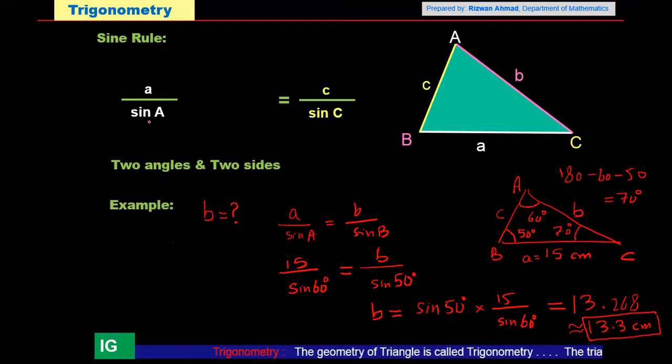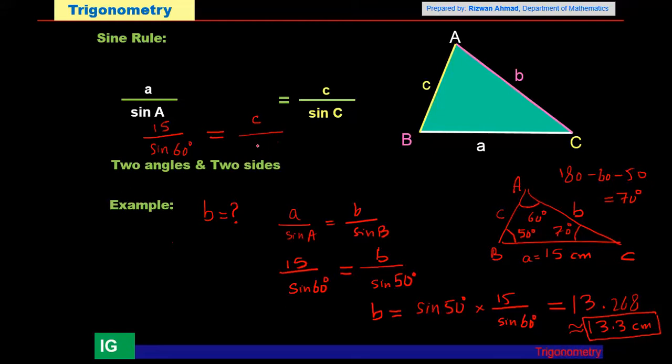So a over sine A. So a is 15 divided by sine of the angle A, which is 60 degrees, and that is equal to c, which we are to find, divided by sine of the angle C, which we just found is 70 degrees. So from here we can say c is equal to sine 70 multiplied on the opposite side with this fraction.